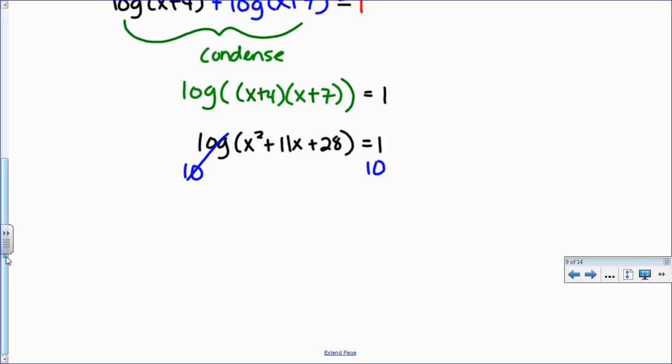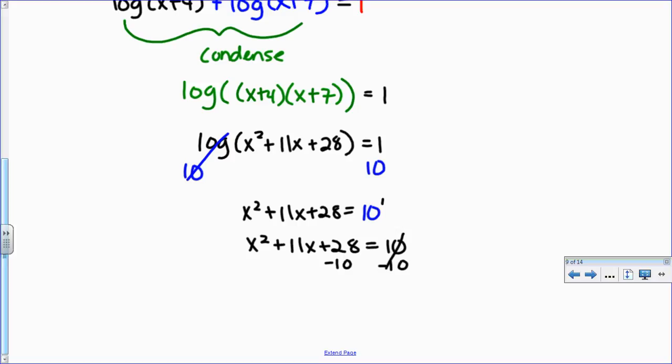So you have x squared plus 11x plus 28 equals 10 to the first, which is just 10. So what would I need to do now? Subtract the 10. Okay.